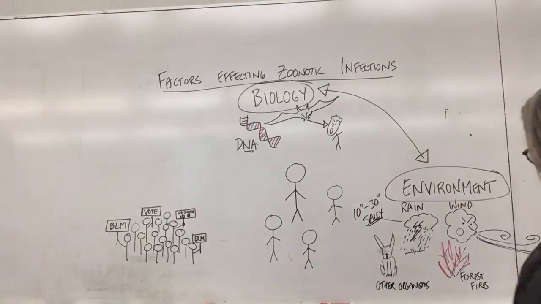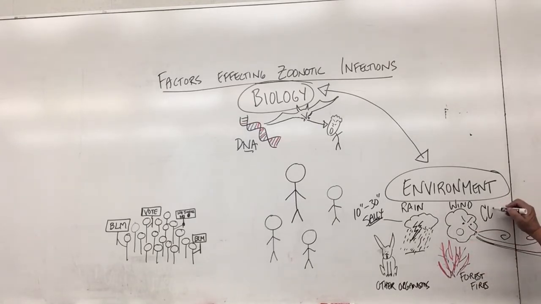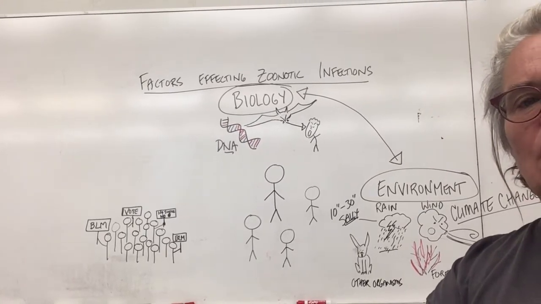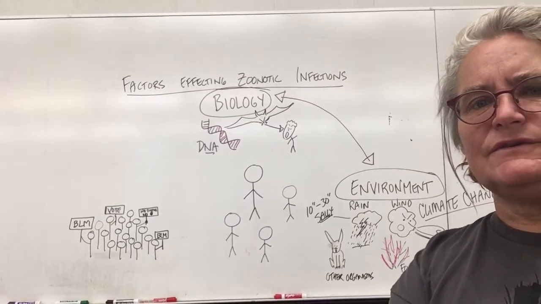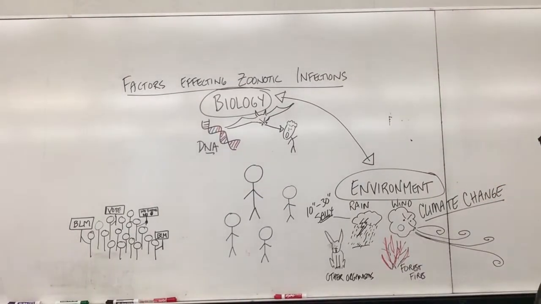I want you to also think about climate change and how temperatures vary on Earth, how trends or patterns in the environment actually change depending upon how human activity influences our climate. So climate change is also an issue.